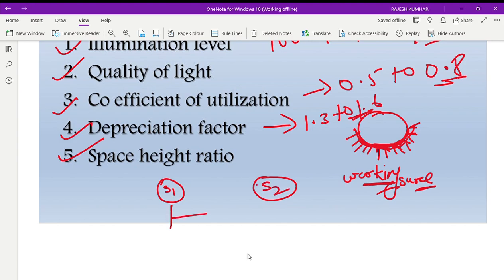This is the horizontal distance between the first and second source, and usually it is 1 to 1.5. This is the space height ratio of two adjacent sources, and this is the horizontal distance, not the vertical distance, of the two particular sources.